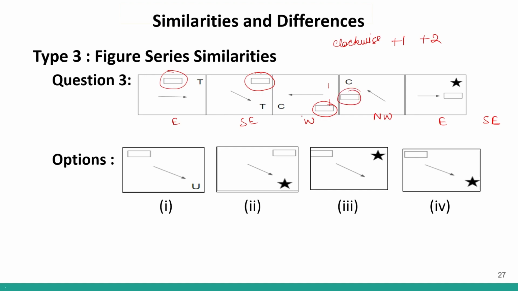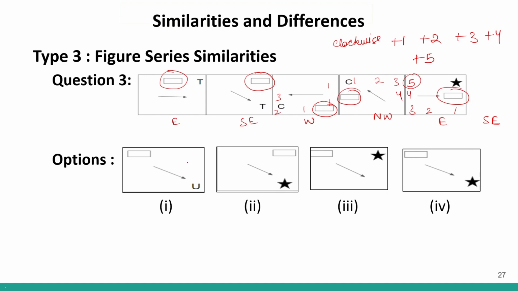From here, it went here. So 1, 2, and 3. Correct? So 3 positions clockwise. Similarly, from here to here will be how much? 1, 2, 3, and 4. 4 positions clockwise. So now the rectangle will go 5 positions clockwise. So 5 positions clockwise will be 1, 2, 3, 4, and 5. So my rectangle will be in this corner.